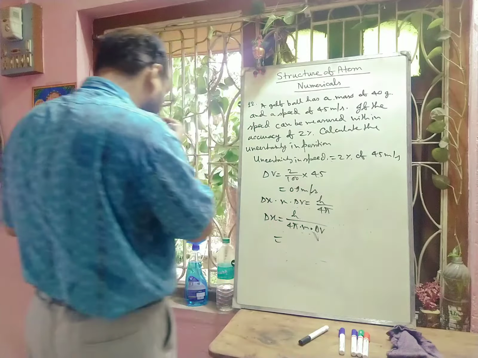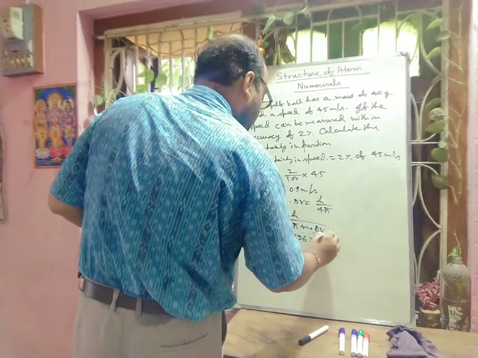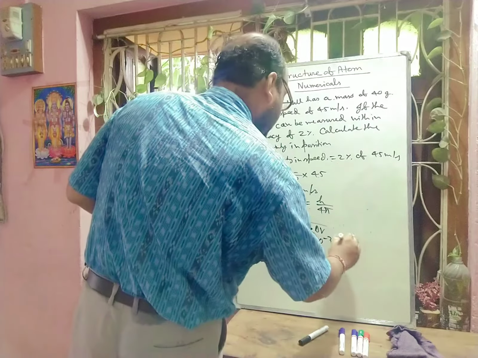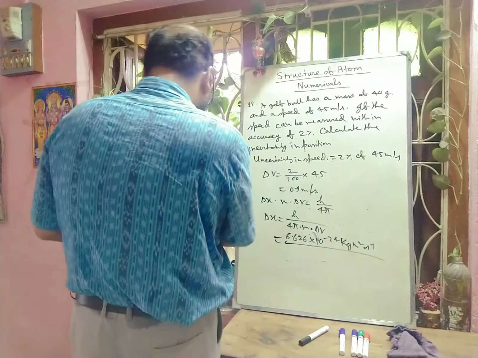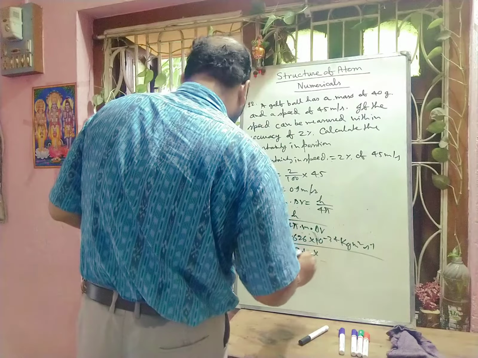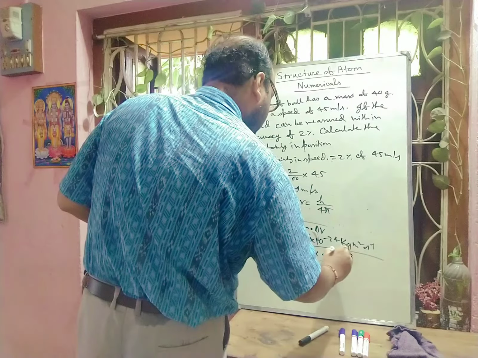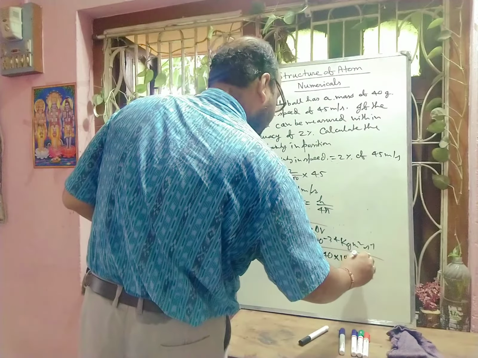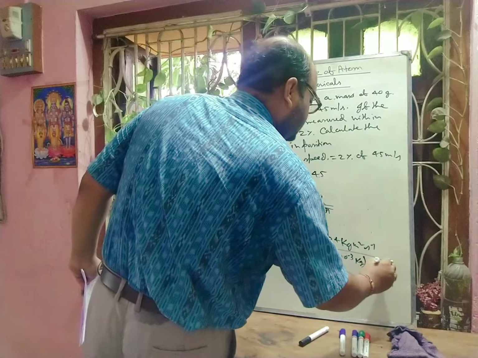Now we have to put the value, that is 6.626 into 10 to the power minus 34 kg meter square second inverse divided by 4 into 3.14 and the mass 40 into 10 to the power minus 3 kg into delta v is 0.9 meter per second.